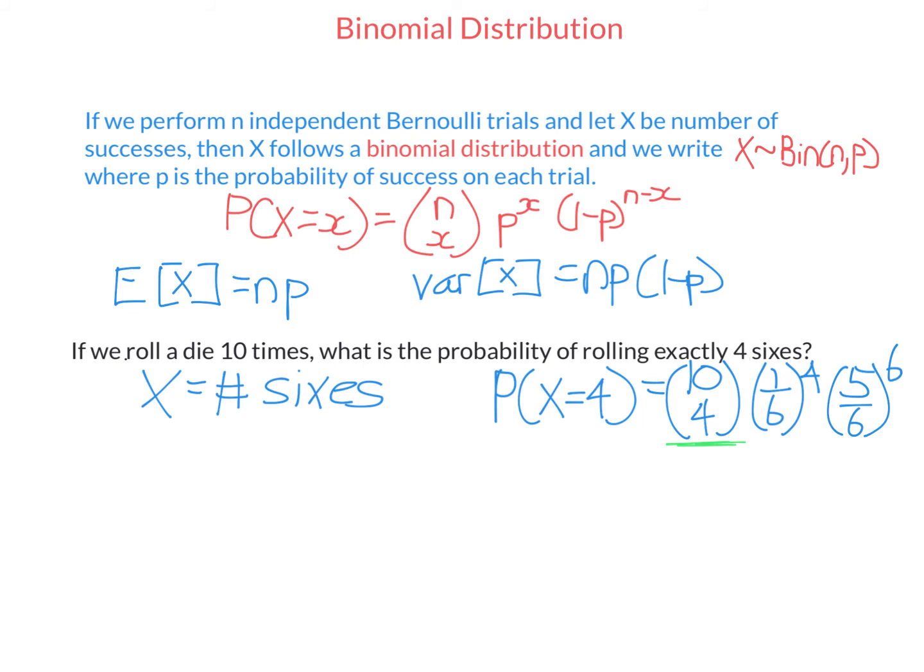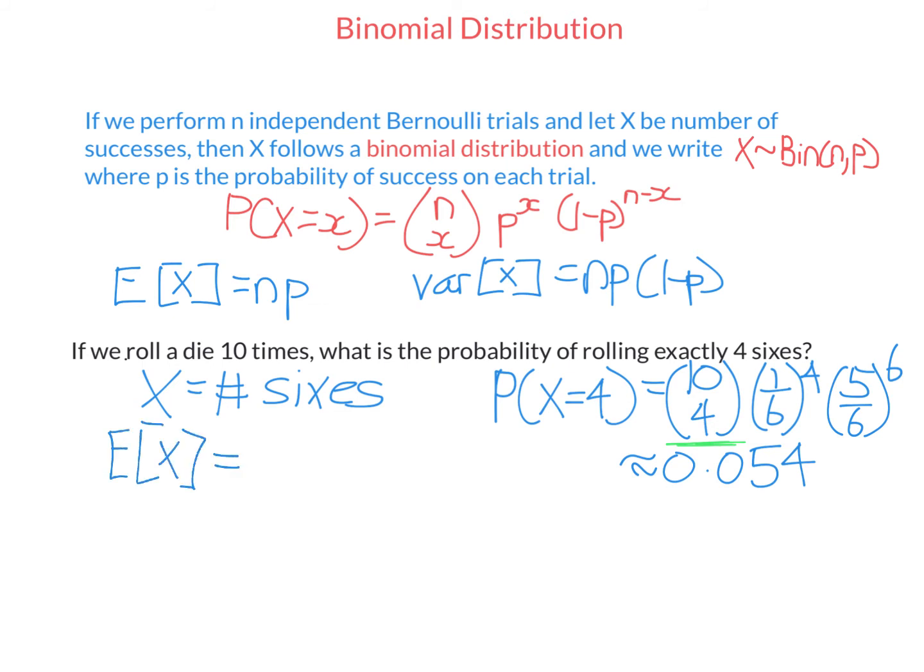So putting that on our calculator, we get the number 0.054. So there is a 5.4% chance that if you roll a die 10 times, exactly 4 of them will be 6s. So just to quickly show you what these mean, so E(X) is very logical.